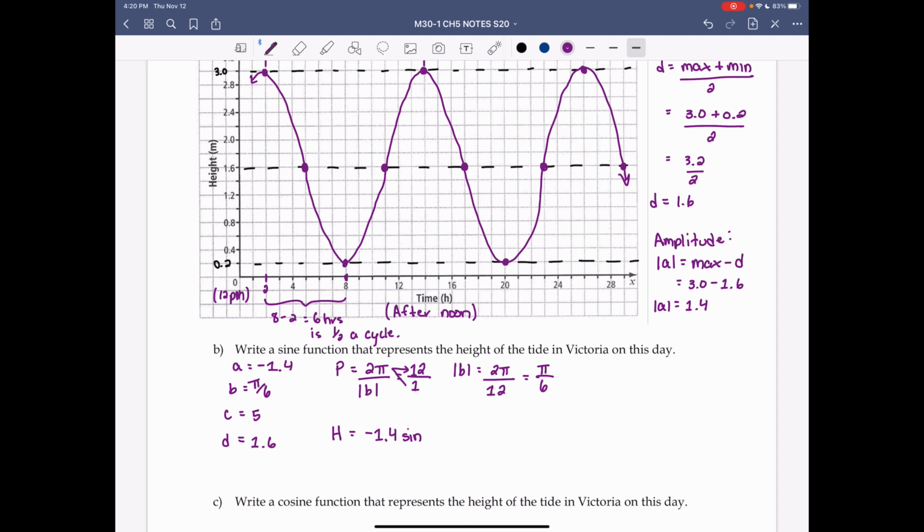It's a sine function, bracket b pi over 6, bracket x, which is t, minus c, which is 5, close bracket, and then plus d, which is 1.6.